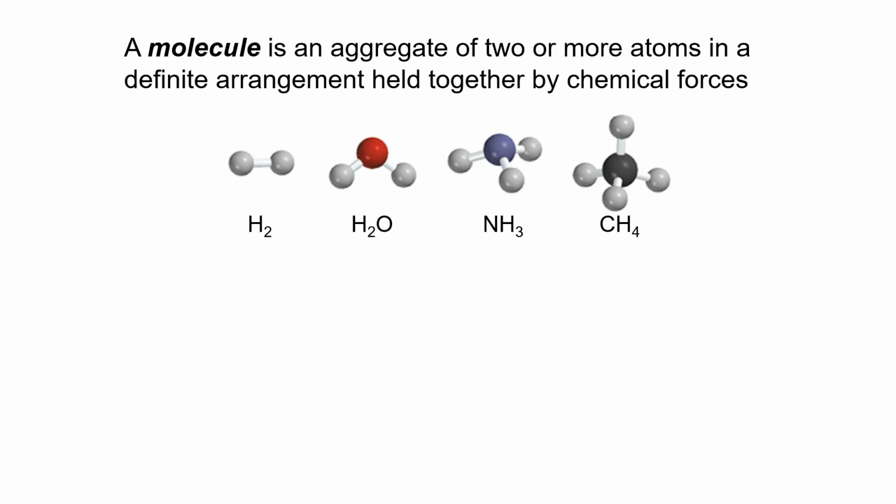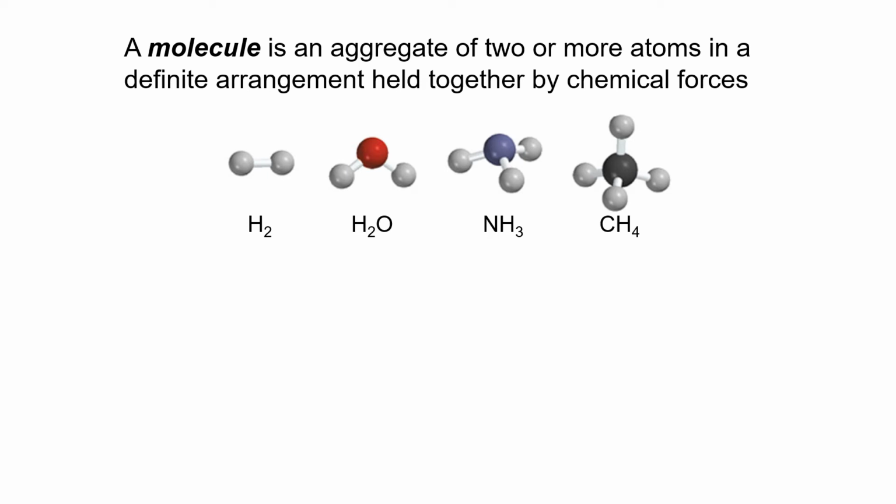So all that means is it's two hydrogen atoms bonded together, but other elements that exist naturally in this form are hydrogen, H2, N2, O2, F2, Cl2, Br2, and I2. And we'll talk about a rule that allows us to identify which elements behave that way. So this is a diatomic molecule.